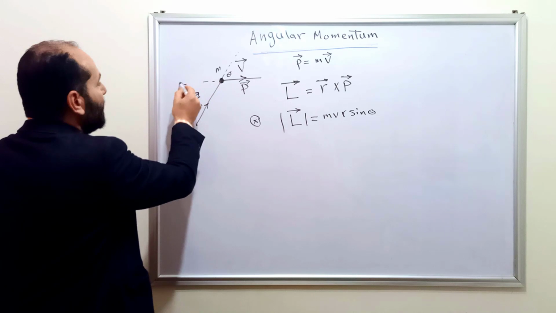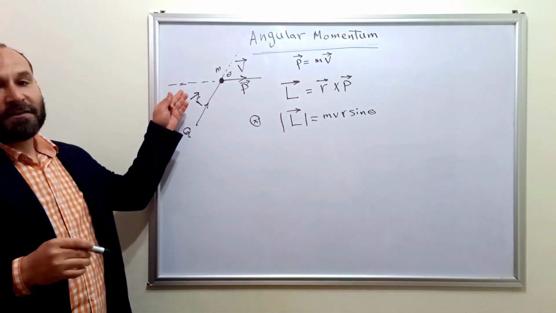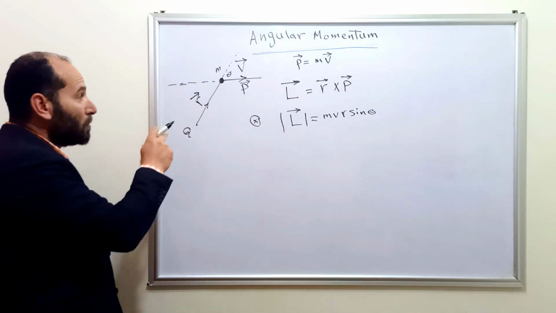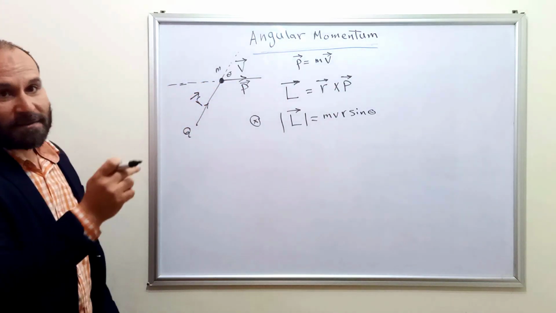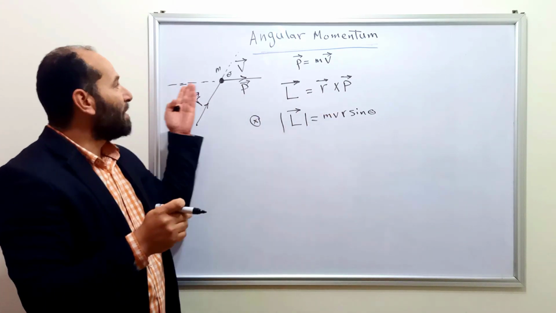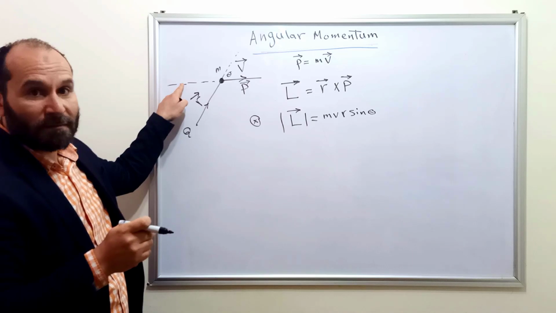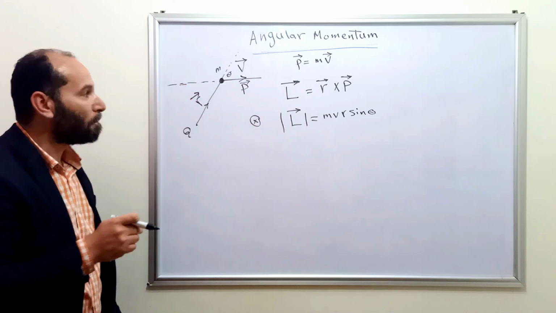If we take a point here, the angular momentum at this point equals 0, because the angle between R and P at this point is 0, so sine 0 equals 0.